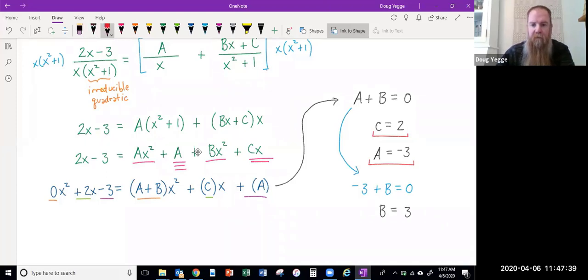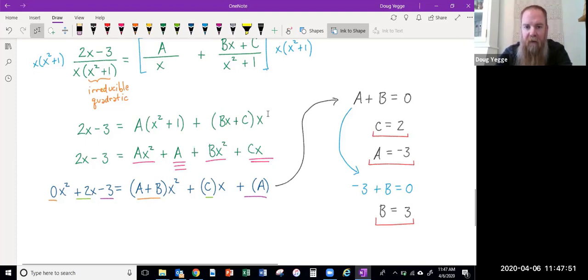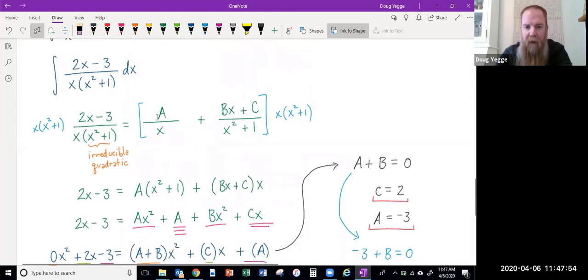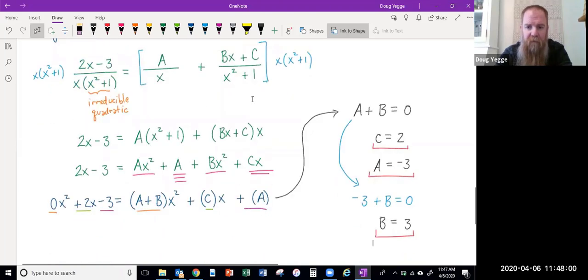And there's our values. So with partial fraction decomposition, this is just a bunch of algebra to find out what those values of a, b, and c are, so that when I go back up here, I can plug in my appropriate a, b, and c values. And at that point, we're going to hope that we can actually integrate. Okay.